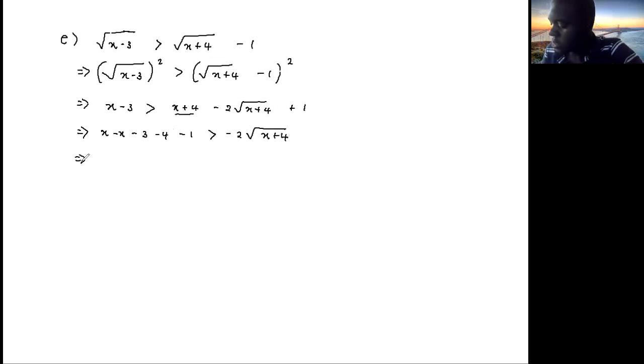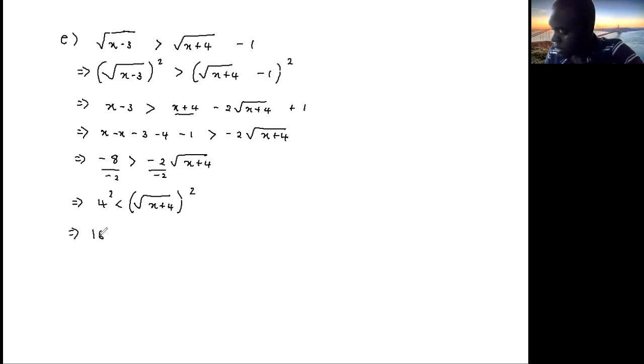So that the x's disappear, and so we have negative 8 on the left is greater than negative 2 root x plus 4. So if I divide by negative 2, what we get is 4 less than root x plus 4. So when we square this part, we also square the other side. So we get 16 is less than x plus 4.